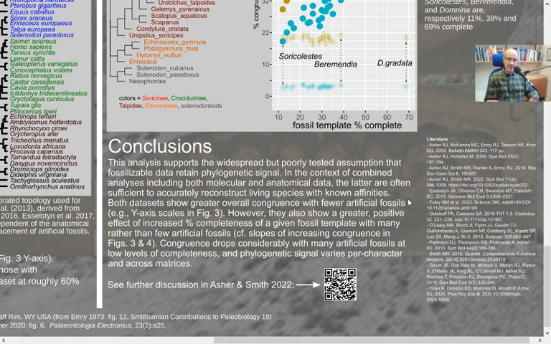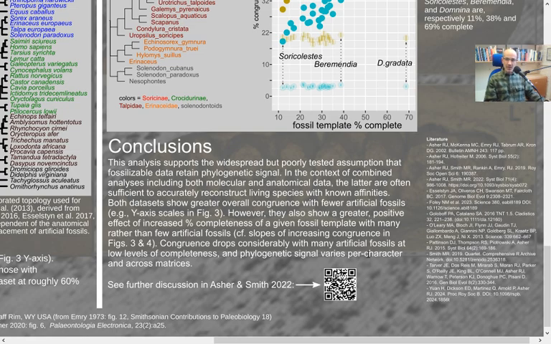We understand, of course, that fossils generally lack those molecular data, but to the extent that you have an anatomical data set for a fossil and a living taxon, and you have molecular data for that living taxon, that's going to help place the fossil accurately in the overall tree of life.